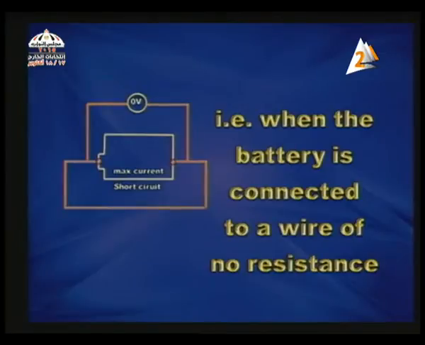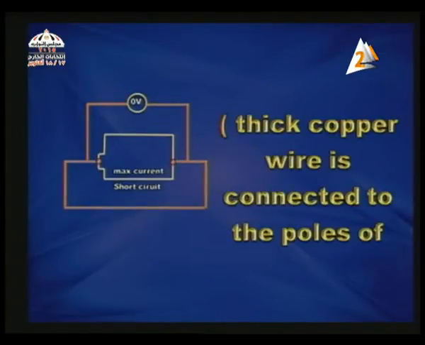A wire of no resistance, like what? A thick copper wire connected between the two poles of the cell. No resistance, maximum current flows, then terminal voltage, the external voltage, is equal to 0. External voltage is the reading on the voltmeter connected across the battery.